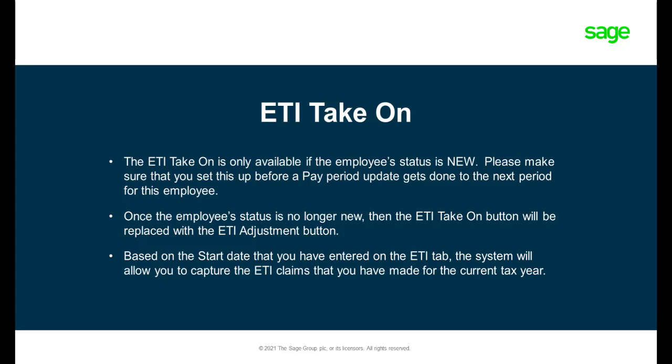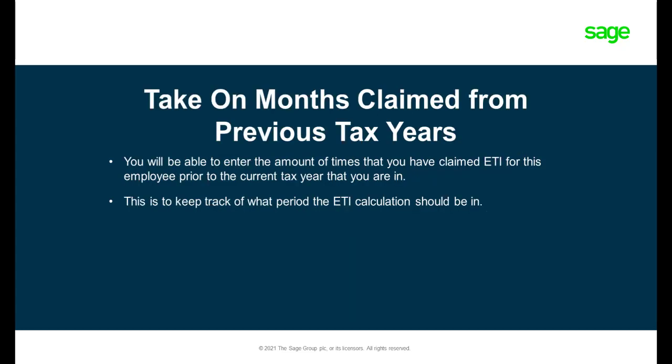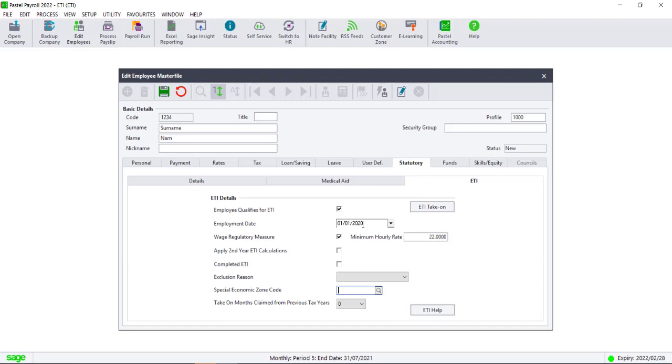The amount of periods that has been claimed in the previous tax years allows you to tell the system how many periods you have claimed for a previous tax year since this employee has started with your company. Refer back to your records and check how many periods you have claimed ETI for this employee for the previous tax year and select the value from the drop-down.